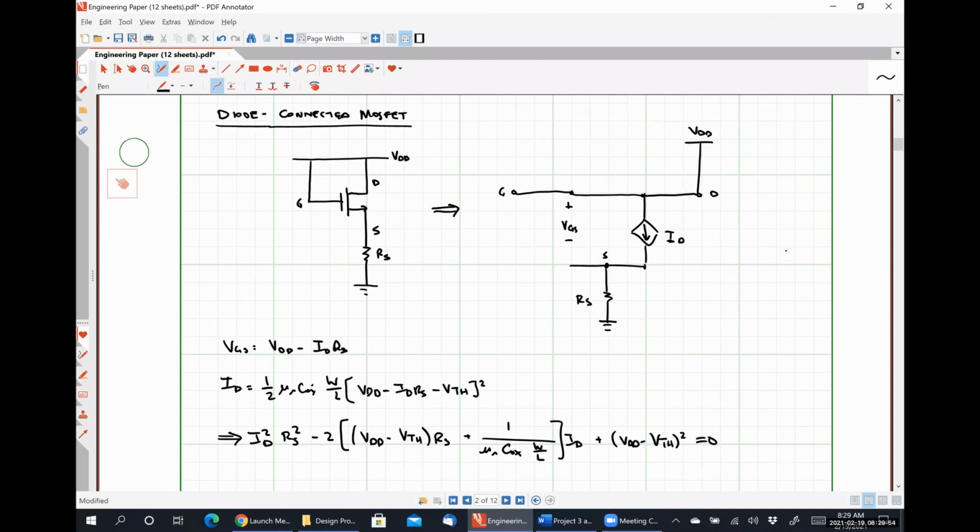You won't see diode connected MOSFETs a lot in macro scale MOSFET circuits, but you will see diode connected MOSFETs where this resistor RS is probably going to be replaced with another transistor in integrated circuit architectures for the creation of reference voltages.